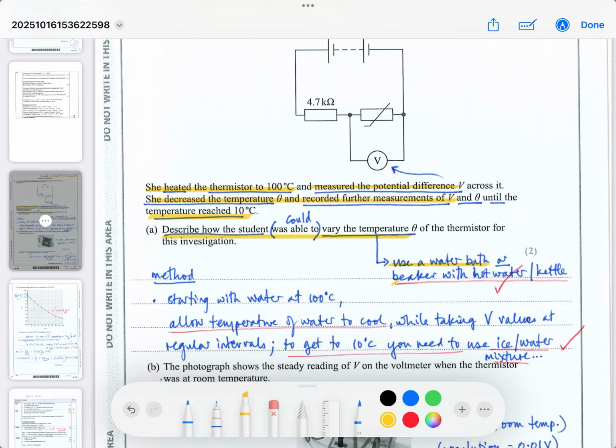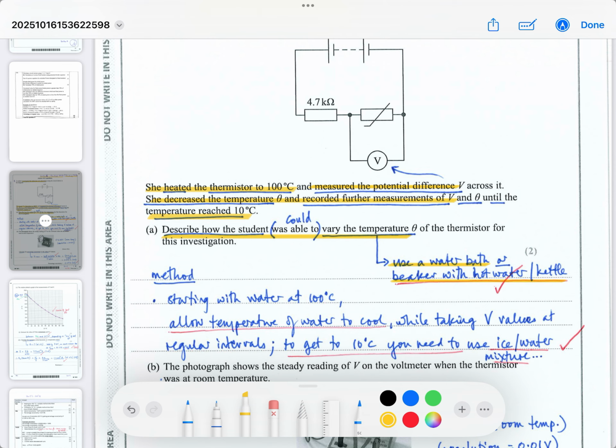What I would do is just use a kettle to boil water and put the thermistor, not all the wires, just the thermistor part of the circuit, into the boiling water, 100 degrees centigrade.